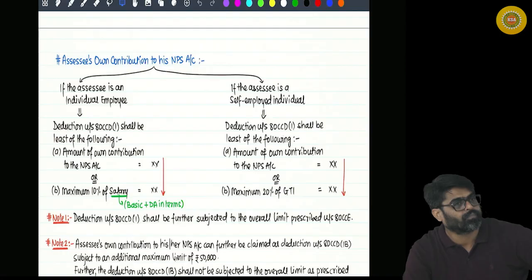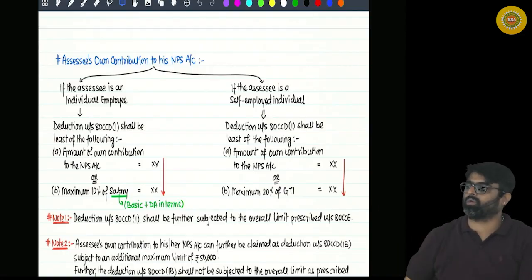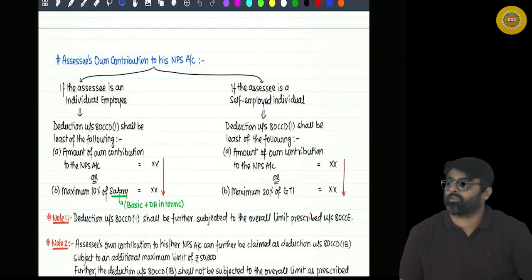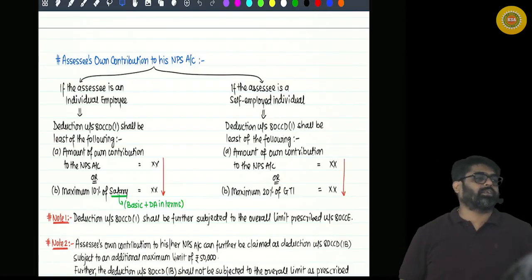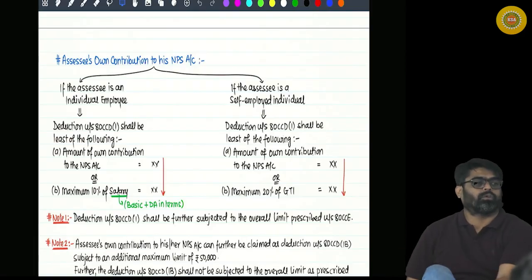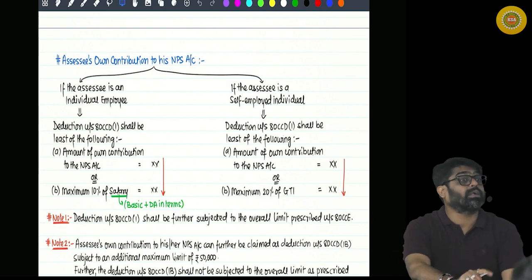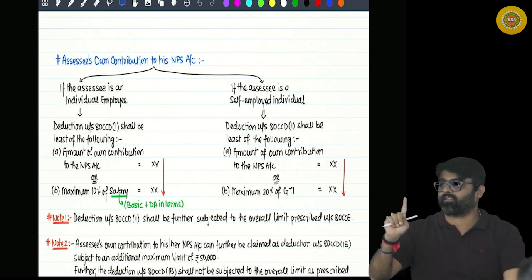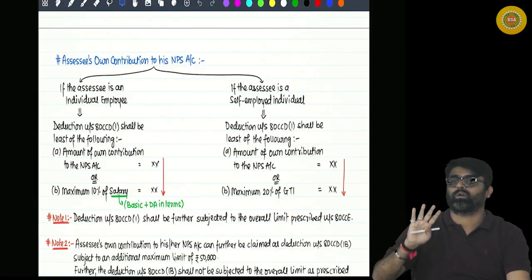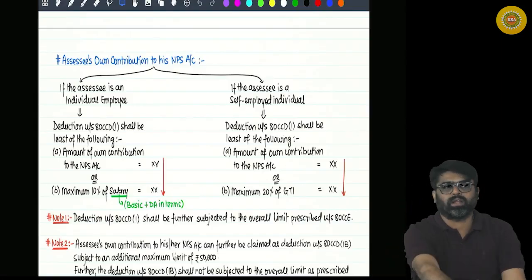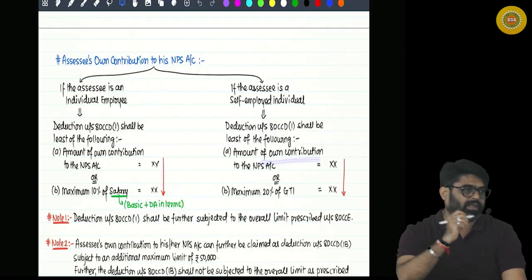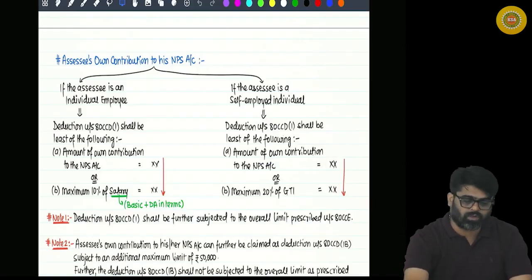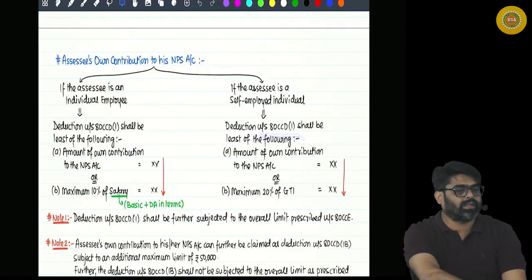So the total contribution made by you during the previous year or 10% of salary, whichever is lower, will be allowed as a deduction under section 80CCD 1. Understood? But if you are a self-employed individual, you also can contribute to your NPS account, and your contribution will also be allowed under section 80CCD 1.